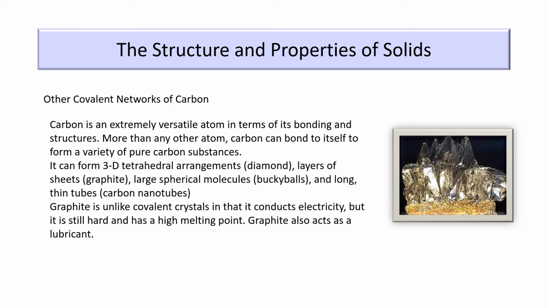Other covalent networks of carbon. Carbon is an extremely versatile atom in terms of its bonding and structures. More than any other atom, carbon can bond to itself to form a variety of pure carbon substances.